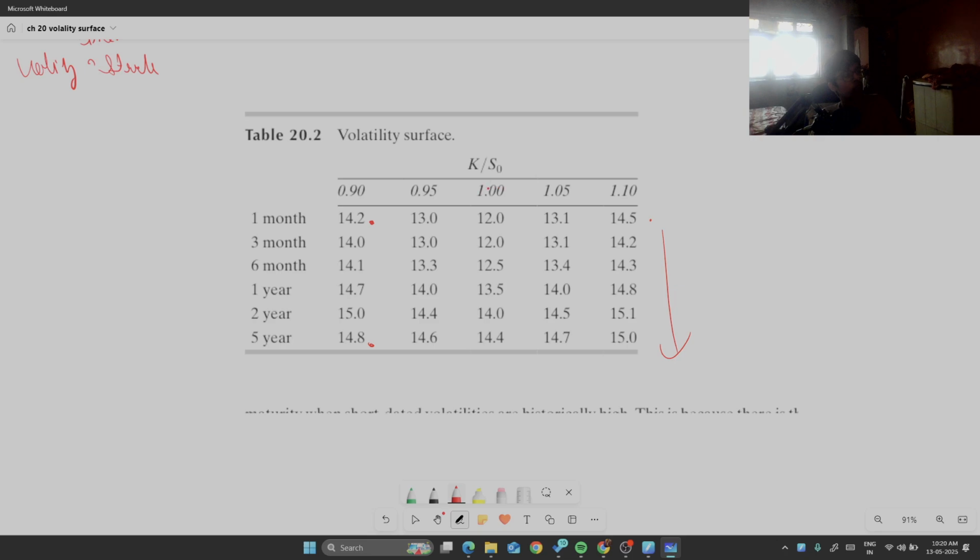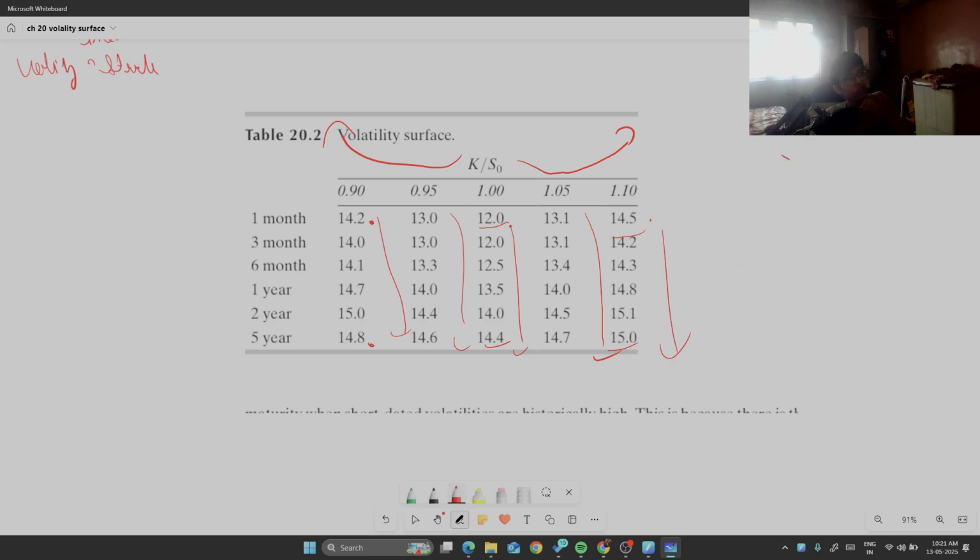Let's say for strike price 1 the implied volatility is 12, for this option it is 14, for this 14.5 to 15, and there is an increase in strike price like this.